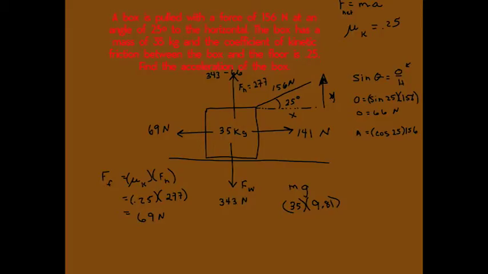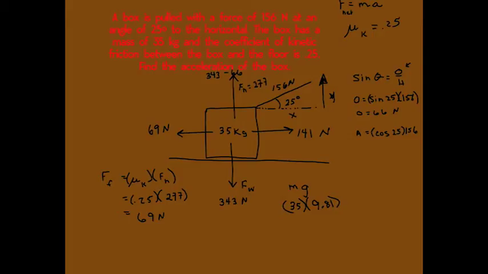So that means I really don't have 141 newtons of my applied force that's actually pulling the box. What I really have is 141 minus 69, and that's going to give me my net force. Let me explain that again, because when we talk about net force, we're talking about taking into account all the different forces. The force of weight is in equilibrium with the normal force that is including the vertical component of our applied force.